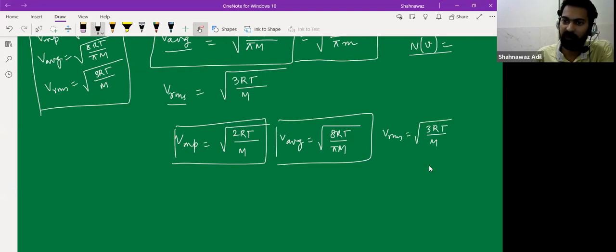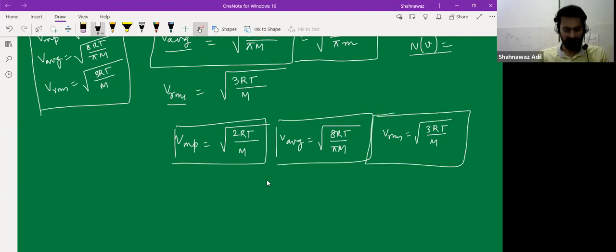So can you guys tell me which one is the highest number? 2 RT by m, 8 RT by pi m, or 3 RT by m? Arpit, which one is the highest? 3 RT by m.